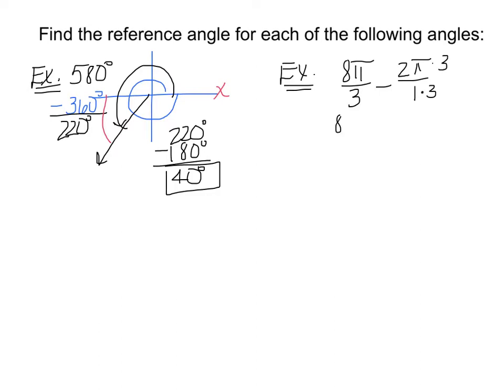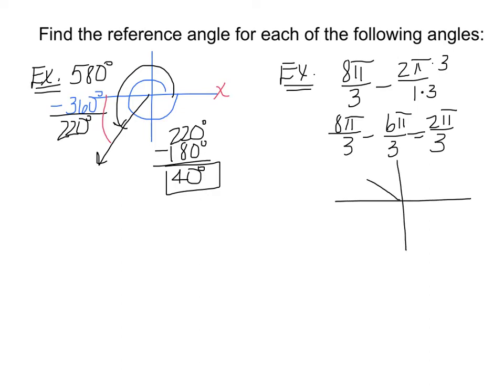So that'll be 8 pi over 3 minus 6 pi over 3 gives us 2 pi over 3. And you know from your unit circle, 2 pi over 3 lies in the second quadrant.